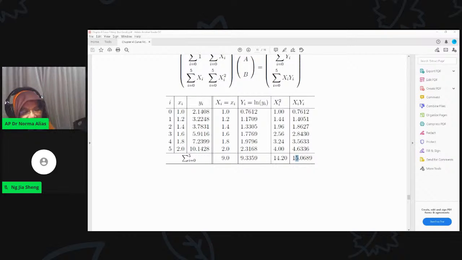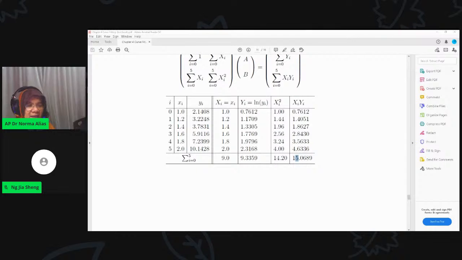So what is linearization? Linearization is a process where you transform the data and the nonlinear equation, y equals c exponent dx for example, to the linear form y equals a plus bx.